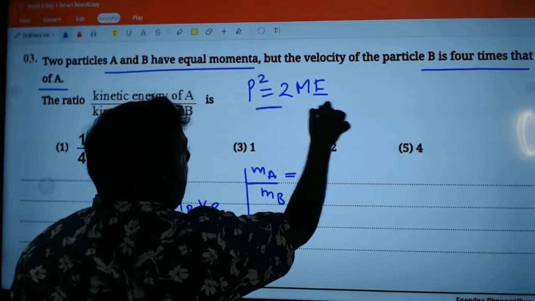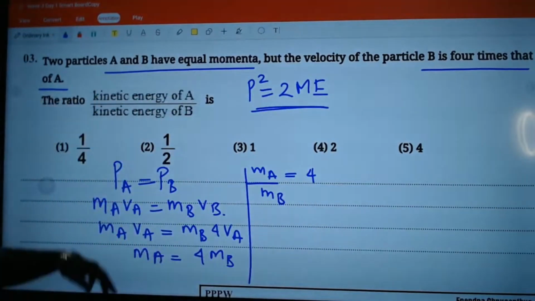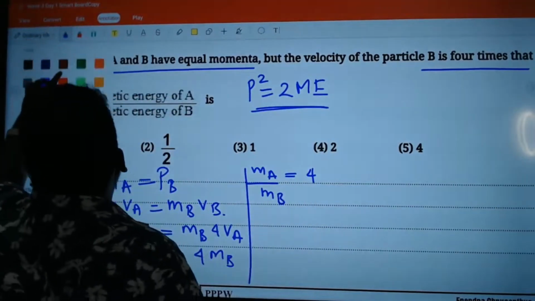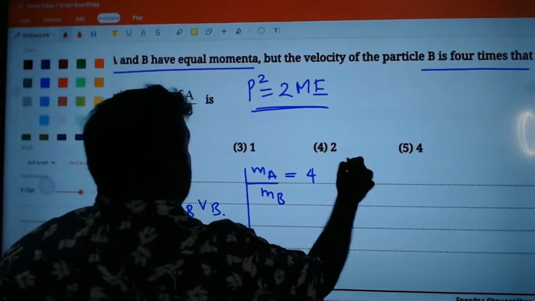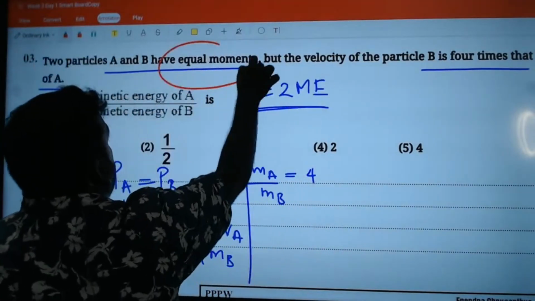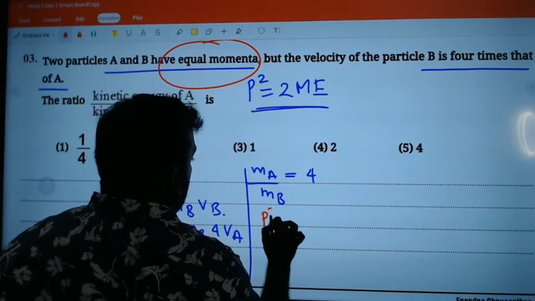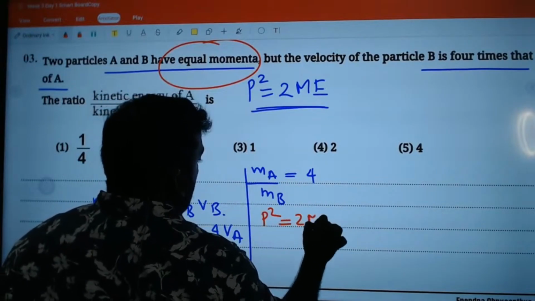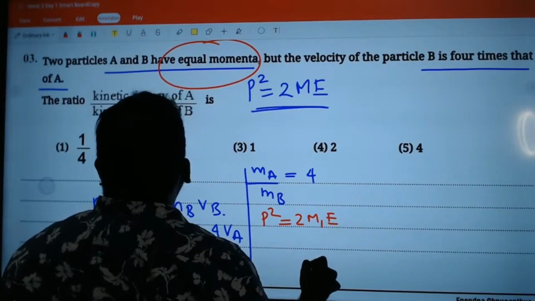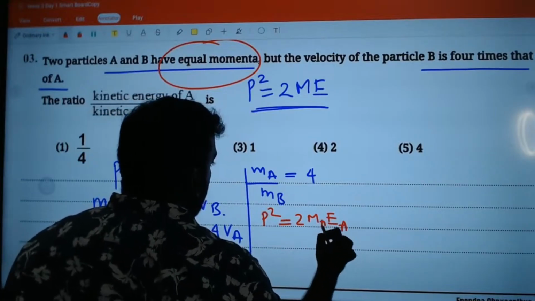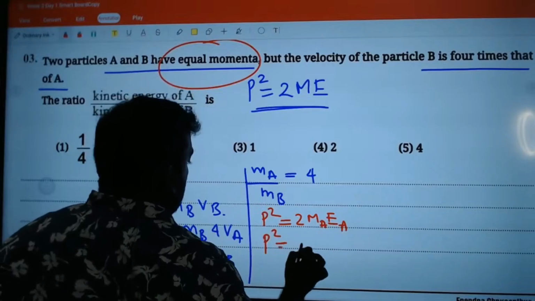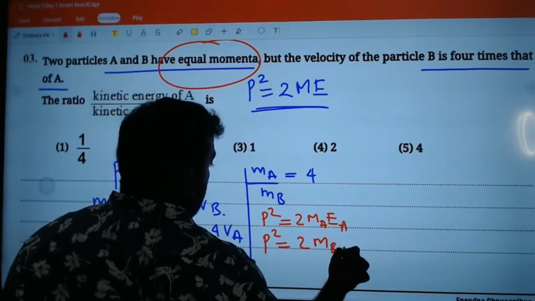I have taught you. P squared equals 2mE. Now P is same, equal momenta, same momentum. So P squared equals 2 MA EA, and P squared equals 2 MB EB.